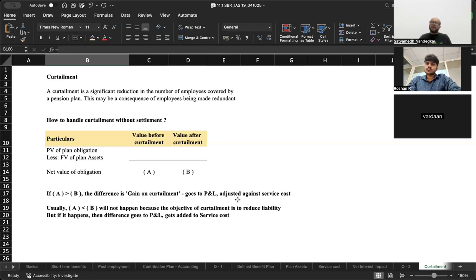In that case, the payable obligation till last year remains the same, but from the next year the amount of obligation goes down because now suddenly you have 12,000 employees less in your system, which is why the value of the future obligation goes down. Plan assets will remain the same, and whatever is the difference, that is gain on curtailment, it goes to your P&L account. Okay.